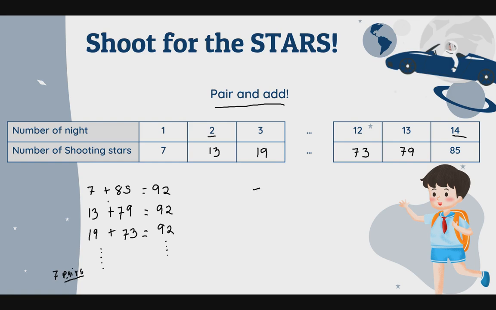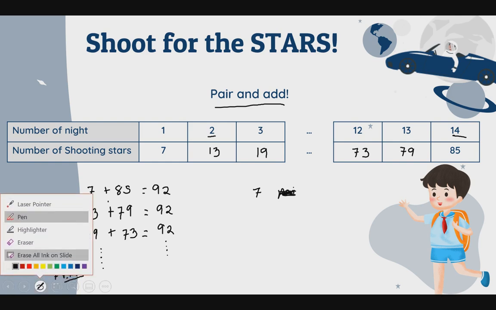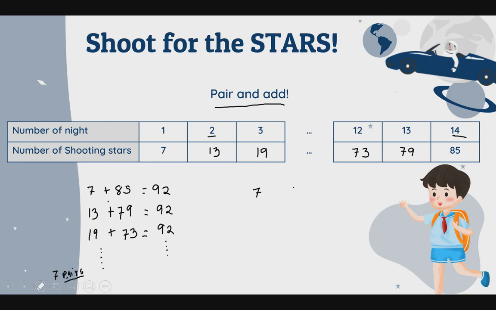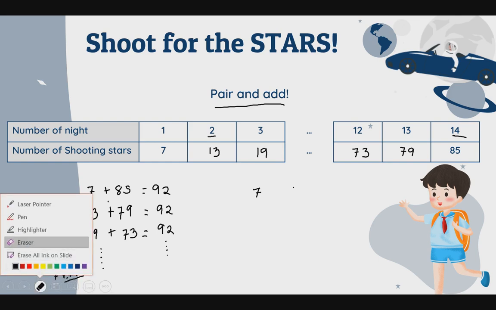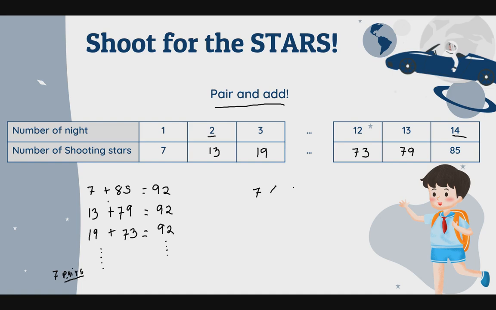Very good. We have 7 pairs of 92s, or 7 92s. By having 7 pairs, we have 7 times 92, and 7 times 92 is what? Very good, 644.